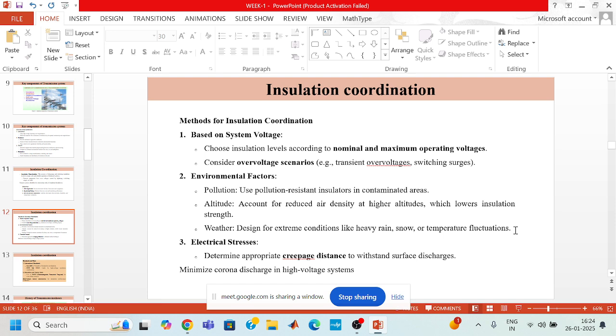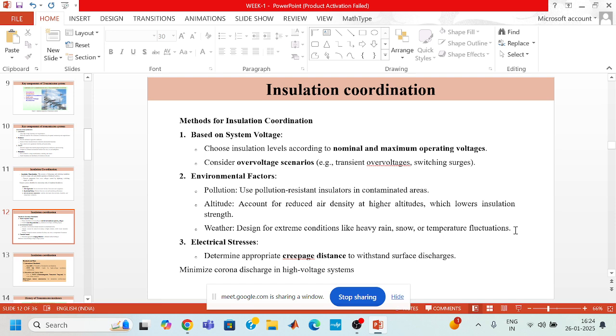Now next, environmental factors play a very important role in selecting the insulation coordination, like pollution, which everyone knows about. In highly populated areas, pollution is more, so we use pollution resistant insulators in contaminated areas.